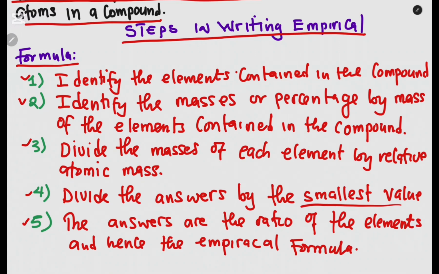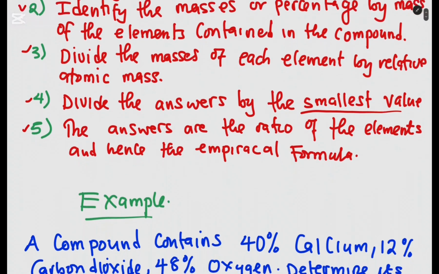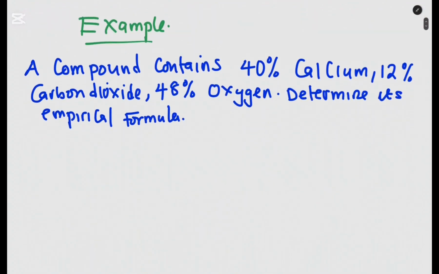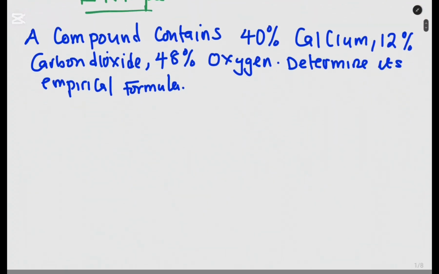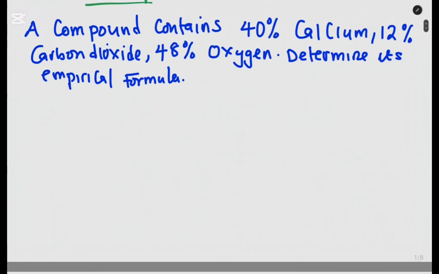So these steps, let us now apply them in this example. A compound contains 40% calcium, 12% carbon, and 48% oxygen. Determine its empirical formula.